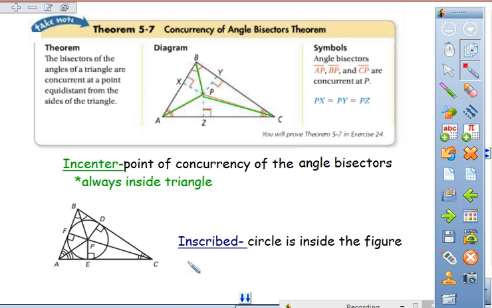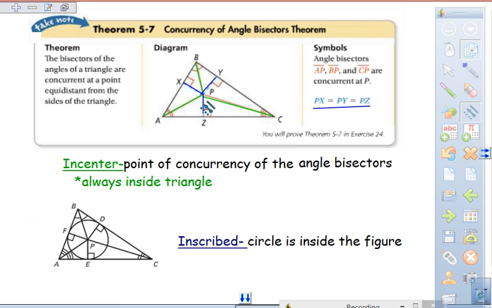Because of that, the distance to the edge is the same length for all three sides. And we talked yesterday that the distance to any point is the shortest distance, so that's why there's this perpendicular here, because that's going to be the shortest length from P to the side of that triangle.